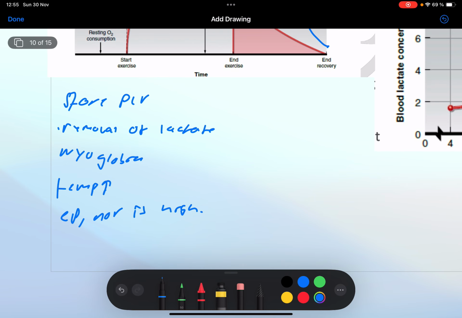Also, we are trying to remove the carbon dioxide that accumulated as a byproduct of metabolism, and deal with the increased body temperature, and because of high levels of epinephrine and norepinephrine, the oxygen is still active to lower these levels.